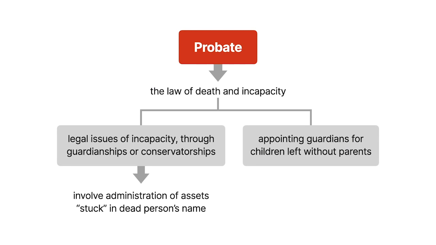Probate court also includes appointing guardians for children who are left without parents, or more commonly dealing with assets that are left in minors' names, children who are under 18.